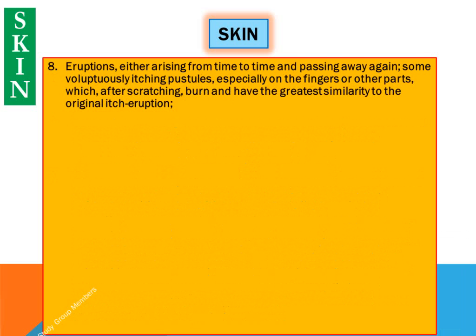Now eruptions, either arising from time to time and passing away again, they come and go. Some voluptuous, that is very severe, itching pustules. Why is it called voluptuous? Because itching is not taken very nicely by people in society.